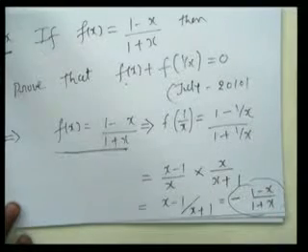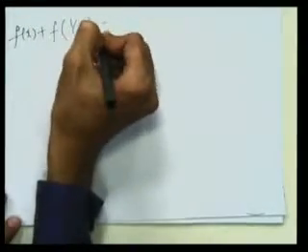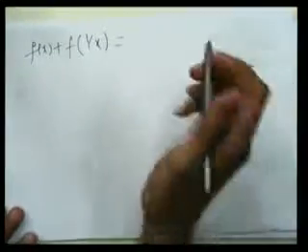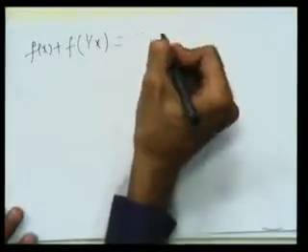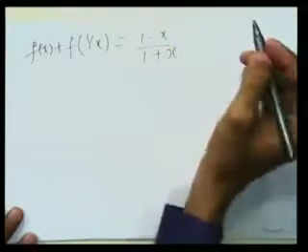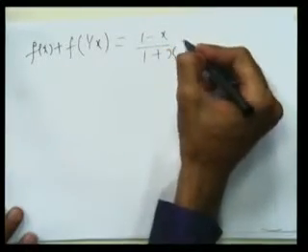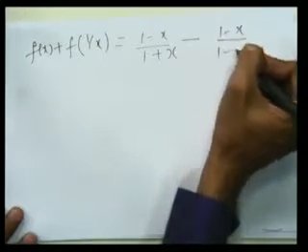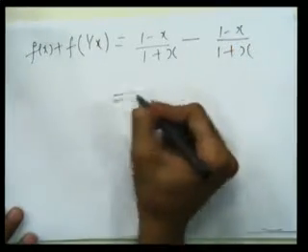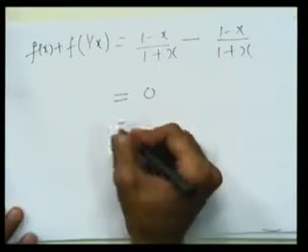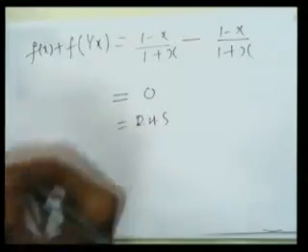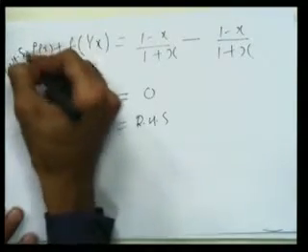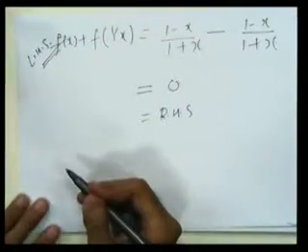Okay, so if we take the left hand side, we will get f of x plus f of 1 upon x, which is equal to 1 minus x upon 1 plus x, and for f of 1 upon x we get minus of 1 minus x upon 1 plus x, which is directly equal to 0, which is our right hand side.